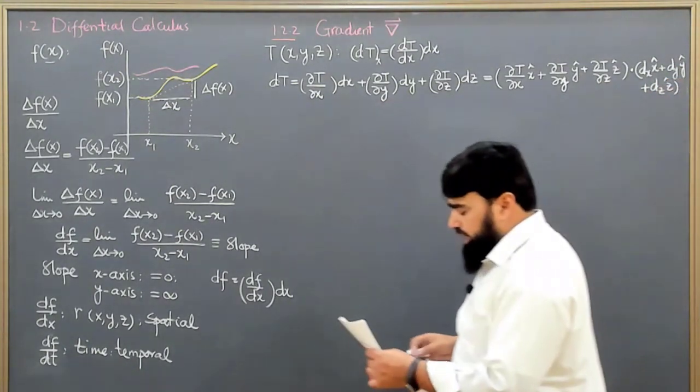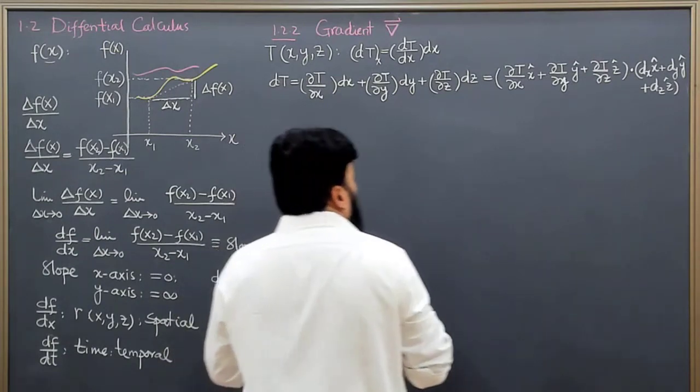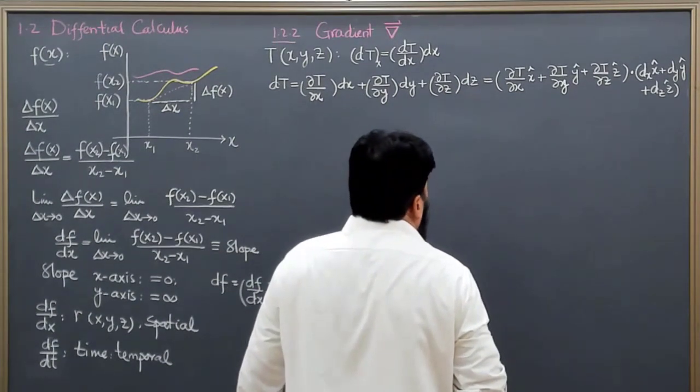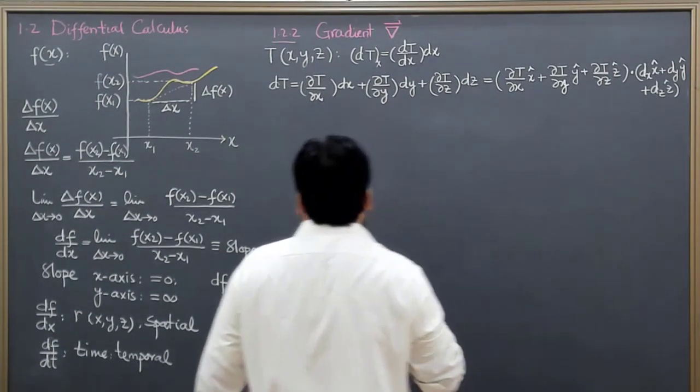So only the inner components will multiply, and I can write this like this as well.